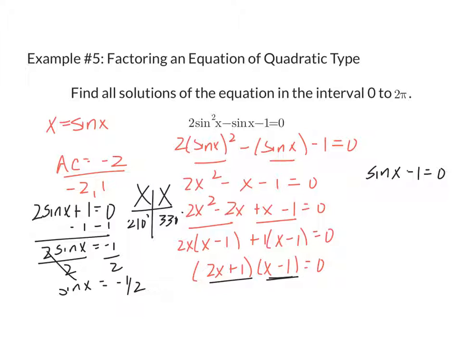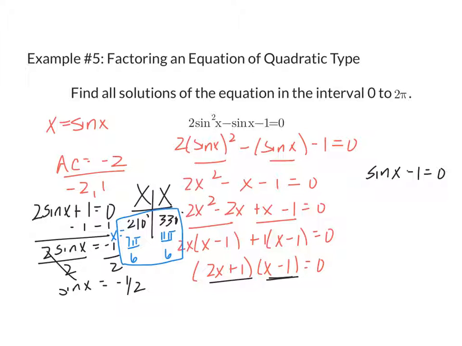As far as radians go, that would be 7 pi over 6 and 11 pi over 6. Okay, so those are my solutions for that half, and I should say x equals that.